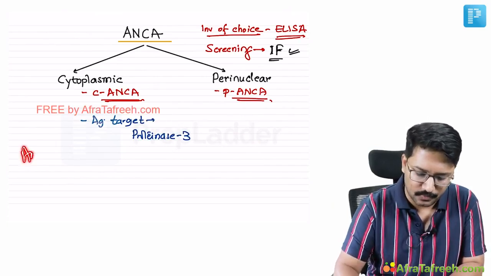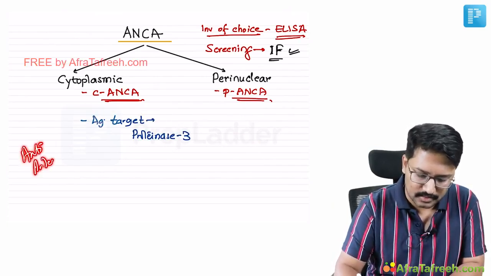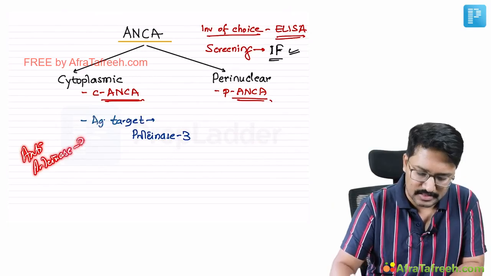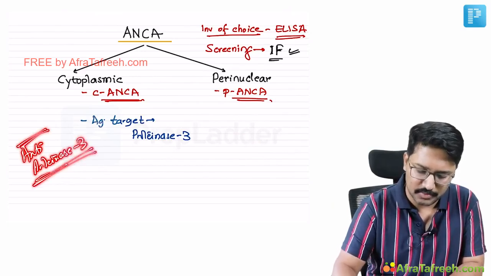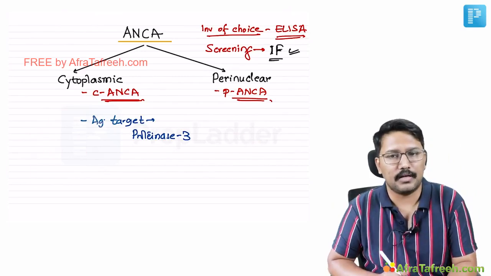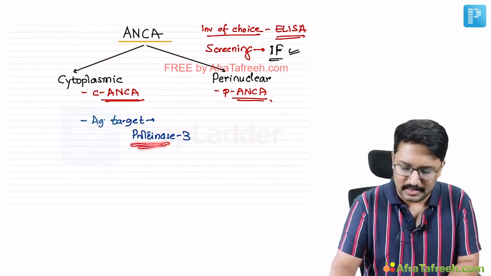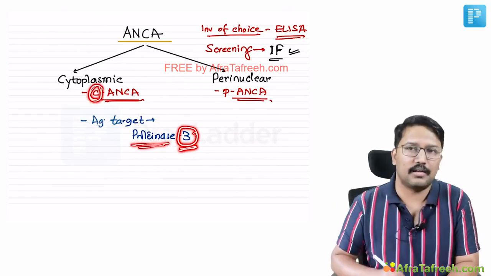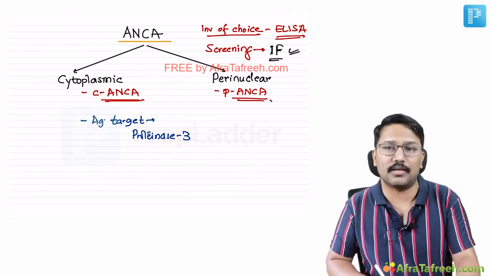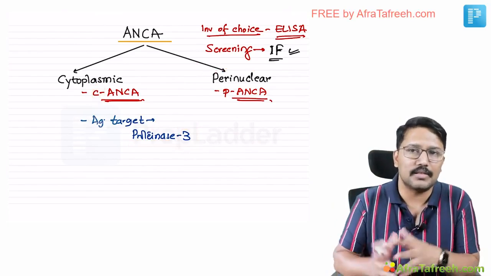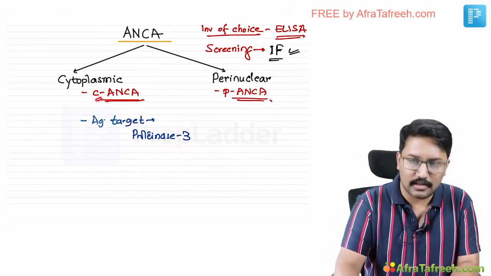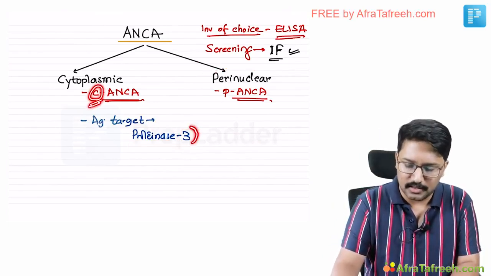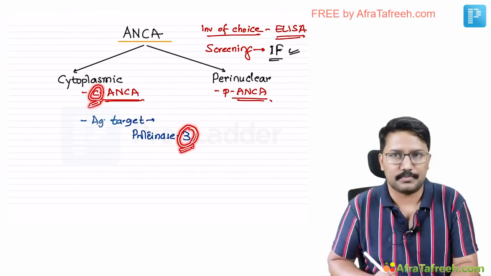So we have anti-proteinase 3 antibodies in patients with C ANCA, or the cytoplasmic immunofluorescence picture. Easy to remember: proteinase 3 is what we're talking about, and C is the third letter in the alphabet. That way you don't get confused between P ANCA and C ANCA, right? C is the third letter in the alphabet. It is targeting proteinase 3, right?